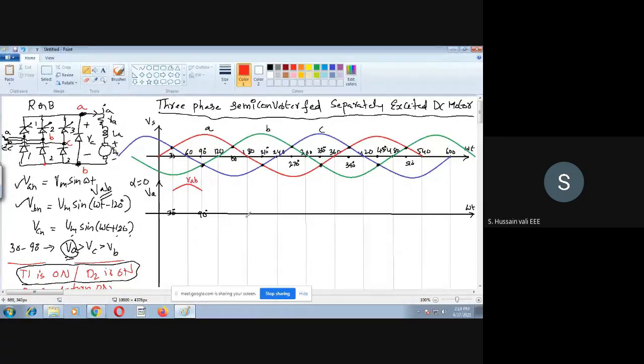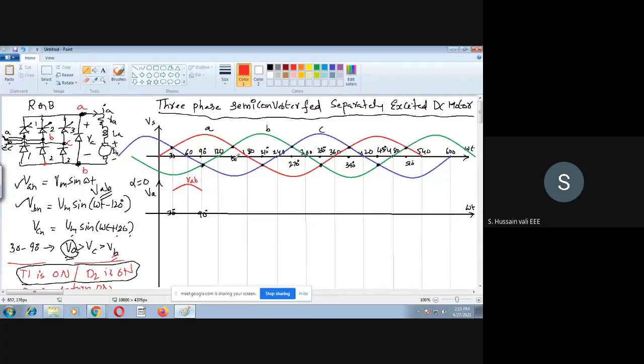The next duration is 90 to 150, another 60. In 90 to 150, VA is higher, but this time the lowest one is VC. In every duration you have to find out which of the three is highest and which is lowest. For 30 to 90, highest is A and lowest is B, so the line voltage is VAB.